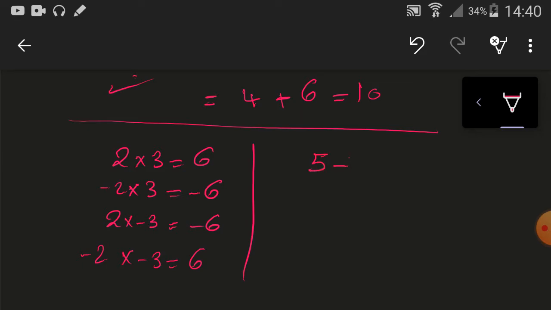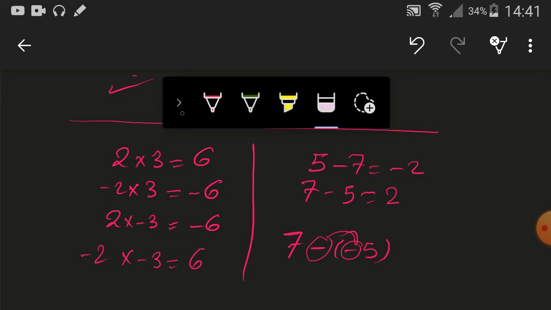If we have 5 minus 7 and 7 minus 5, this is negative 2 and this is 2. We have 7 minus negative 5. As you know, this is minus and this is negative. When we have two negative signs consecutive, it means they are multiplied by each other.